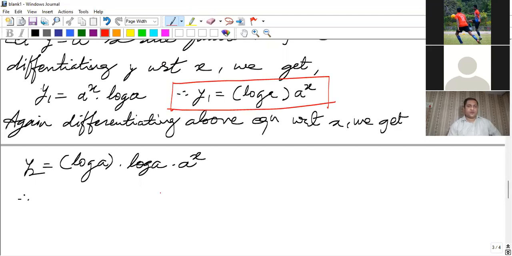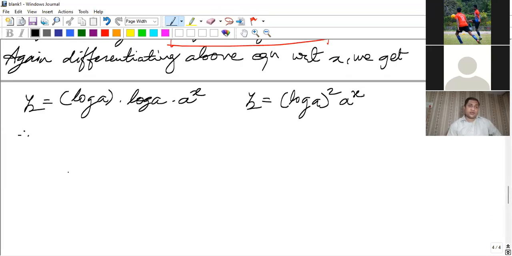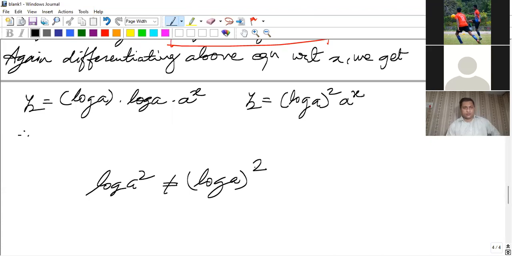Now we can write this as y2 is equal to log of a, this bracket square, and a raised to x. Here the important thing to understand is that log of a square is not the same as log of a bracket square, because the first will become 2 log a.